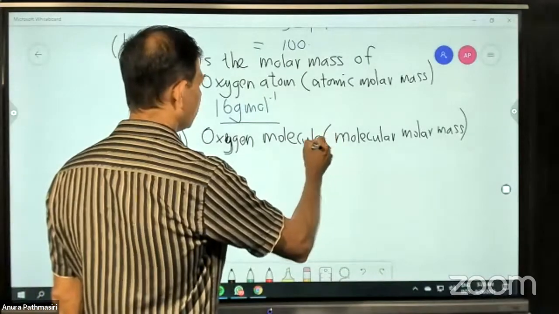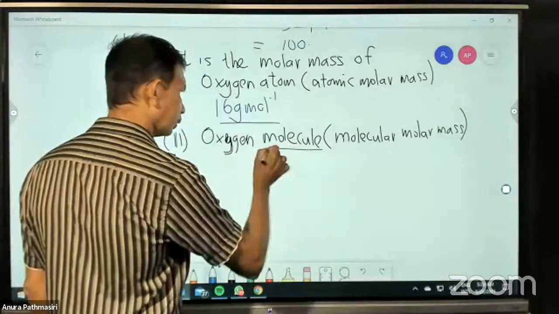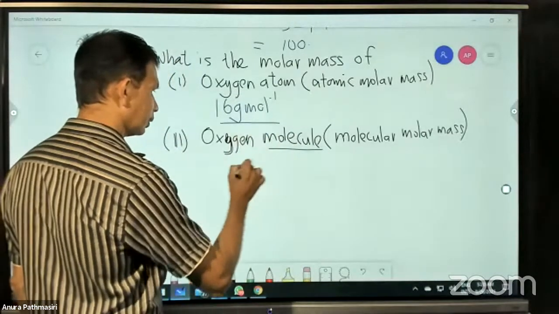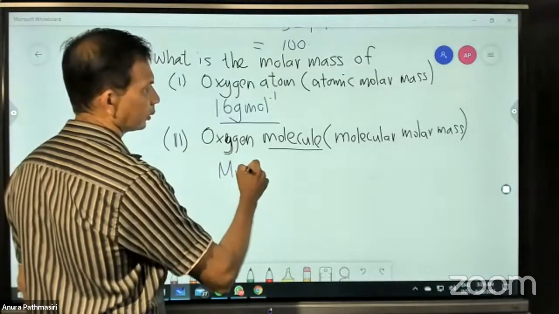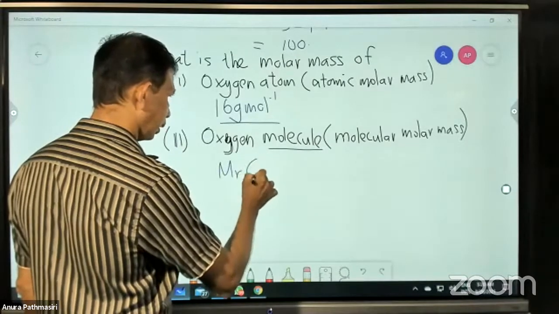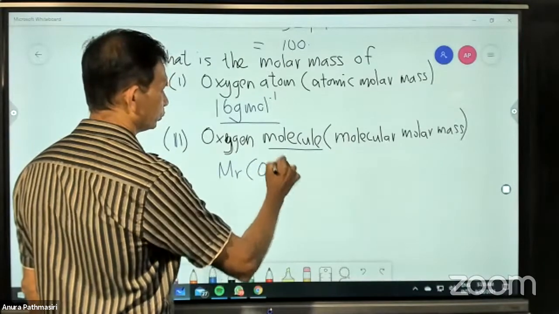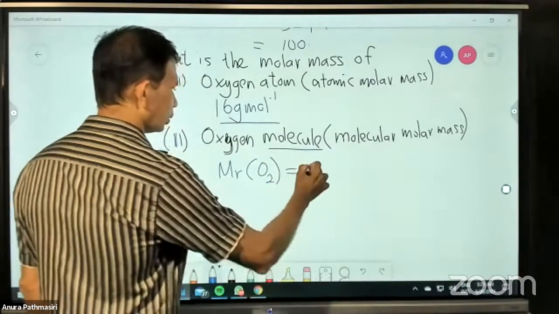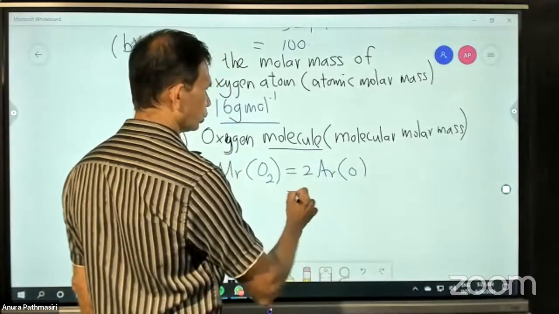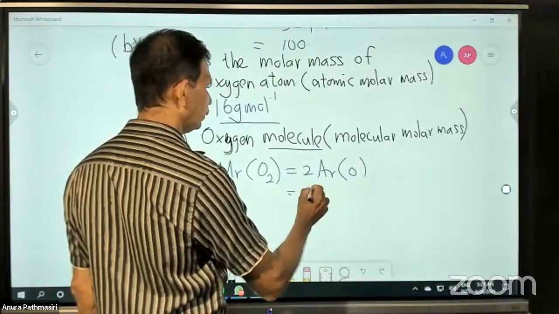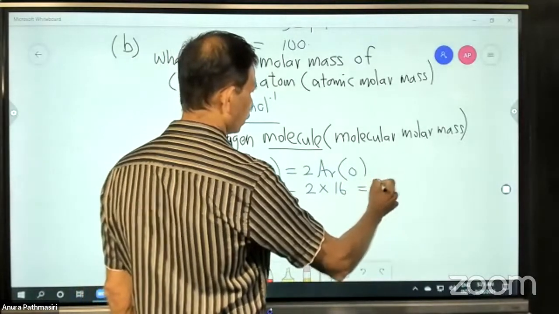It means MR of O2, that means 2 AR of oxygen, which is 2 times 16, and then you will get 32.